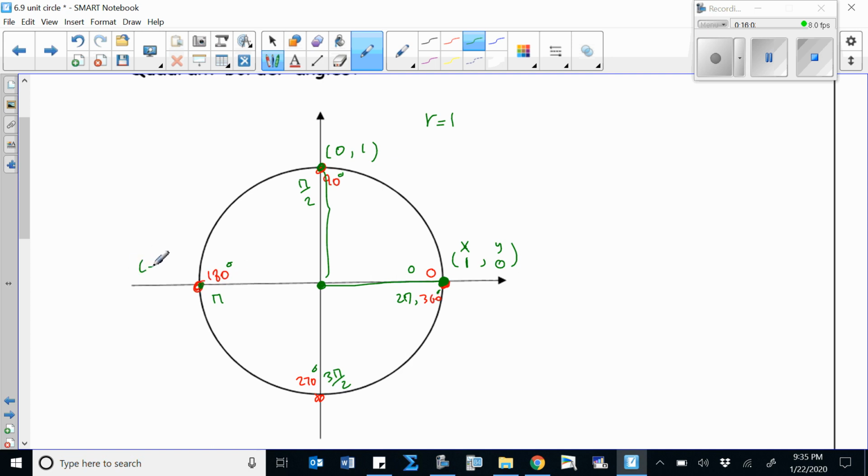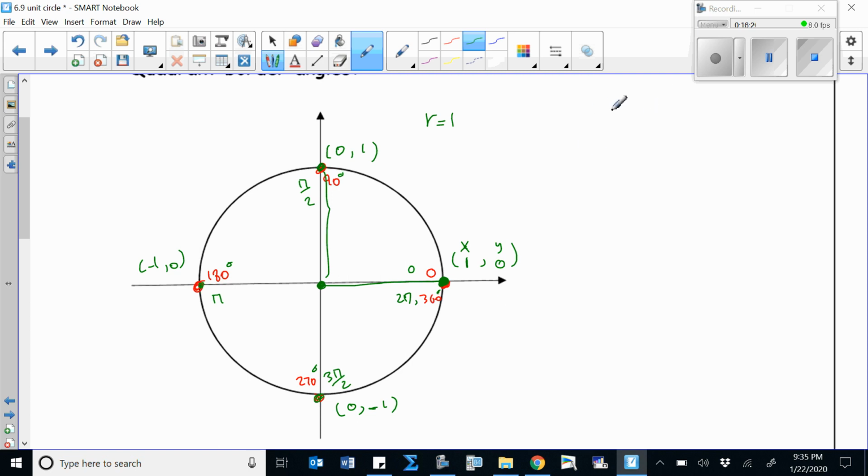This point will be -1 and 0 because x is -1, on the left side of the origin, and y is 0. This point, x is 0 again because it's on the y-axis, and y is -1 because it's below the x-axis.